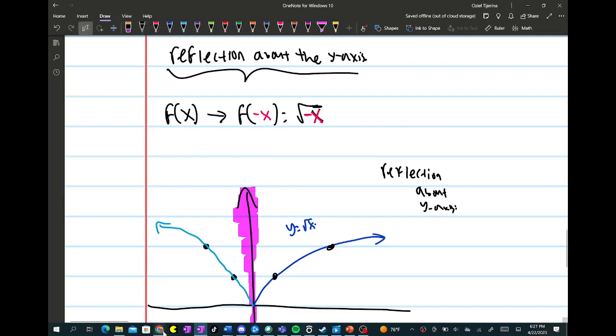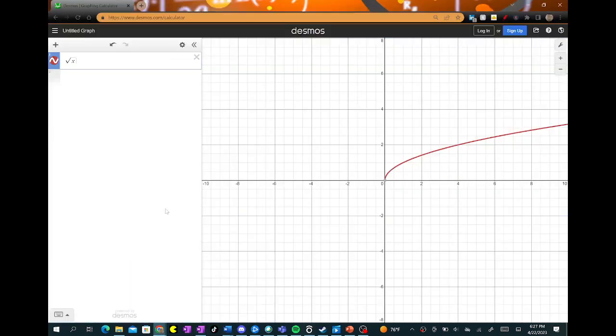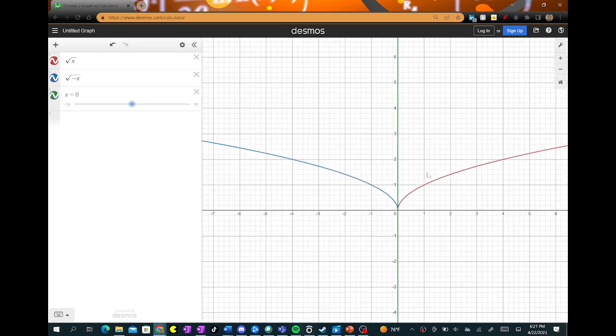So that is a reflection about the y-axis. And if you see that over here, and if I put square root of negative x, you'll see that by the blue line, there's this reflection here, and the line of reflection is x equals 0. This is the line of reflection, and you can just see that they're equidistant from each other.